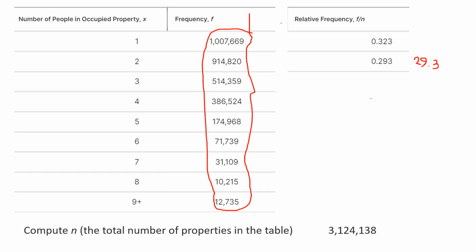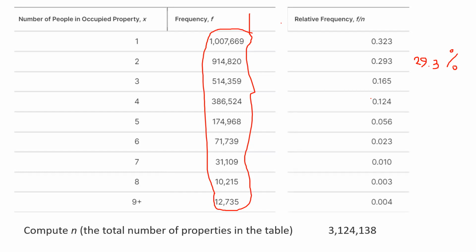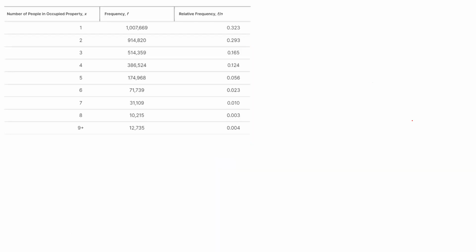So that's how you find the probability for each one of these data. So what's the use of these data? When you have the relative frequency or the probability, you can basically graph and visualize and analyze the behavior of your data.